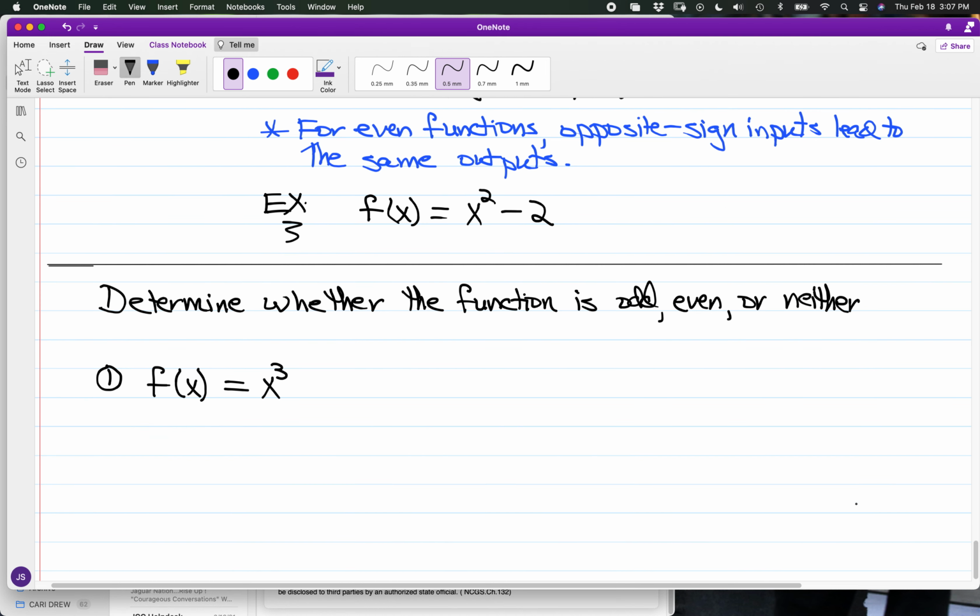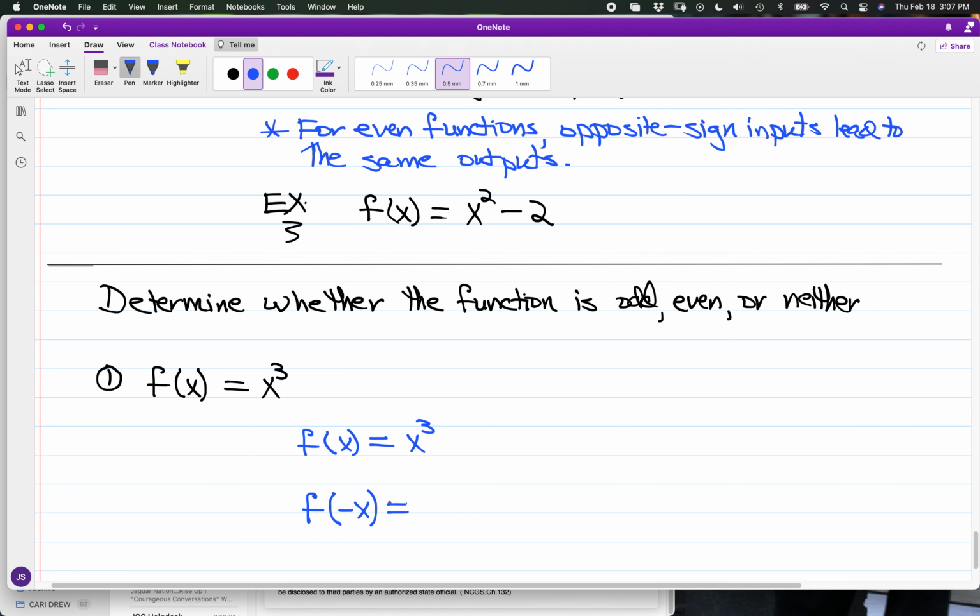Okay, so with our function, you have f of x is equal to x cubed, and you have f of negative x.